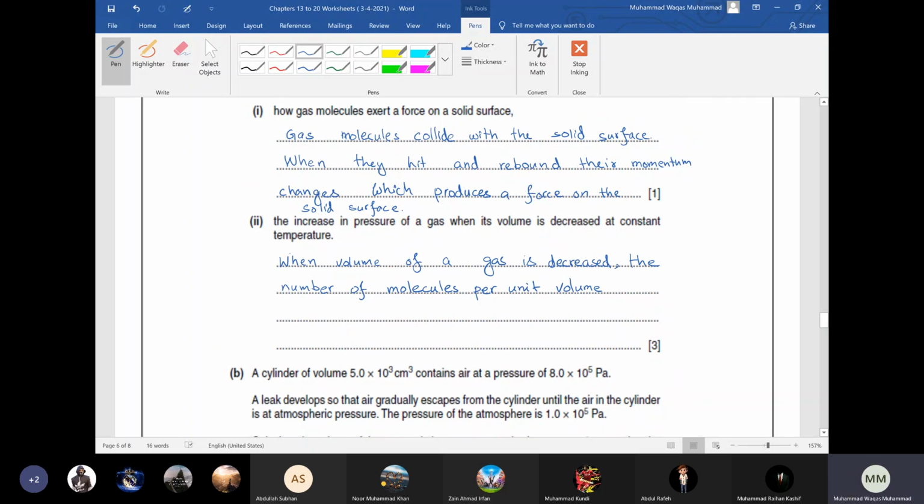Are you getting my point or not? Getting it, sir. Beta, are you getting my point or not? Yes, sir. Getting it, sir. So beta, please can you complete this sentence? When the volume of a gas is decreased, the number of molecules per unit volume. So it increases. Shabash. Number of molecules per unit volume increases.